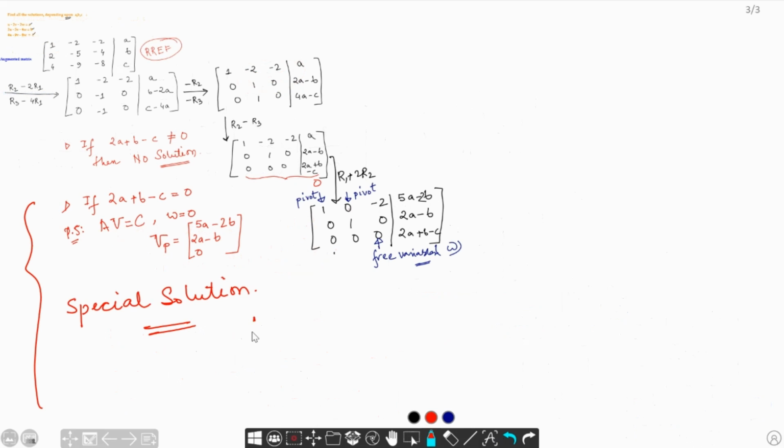Which solves Au equals 0. There are as many of them as there are free variables. In our case we have only one free variable, and we get it by setting the free variable w equal to 1, okay.